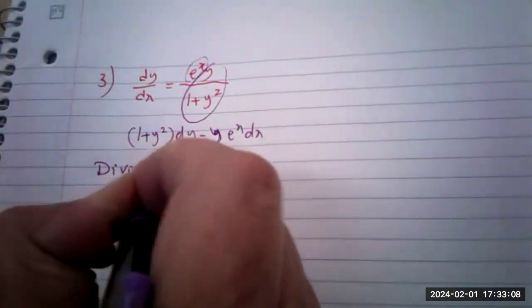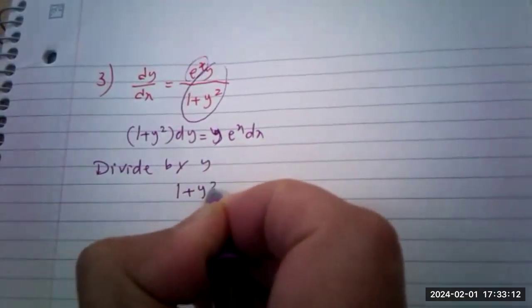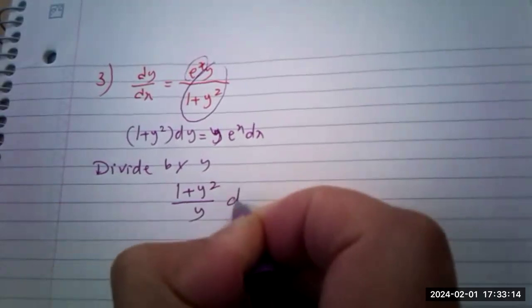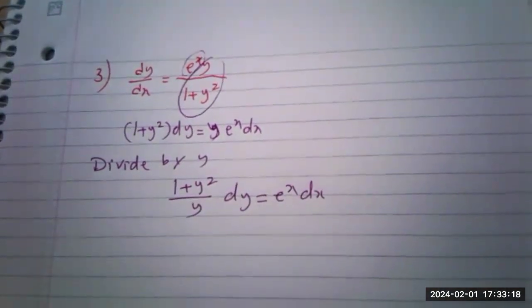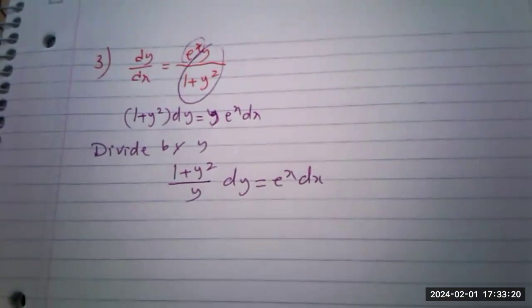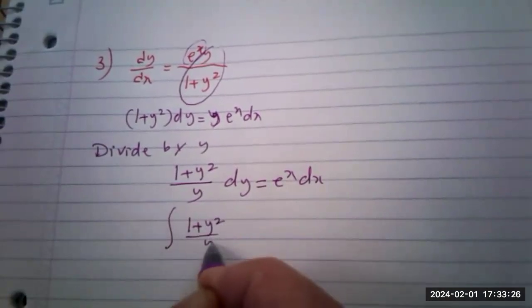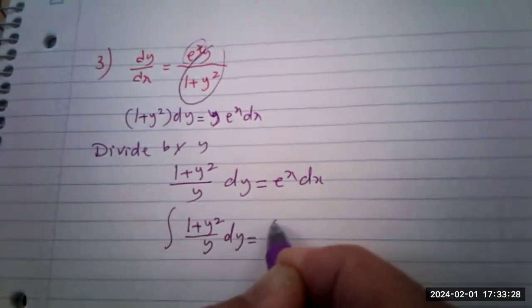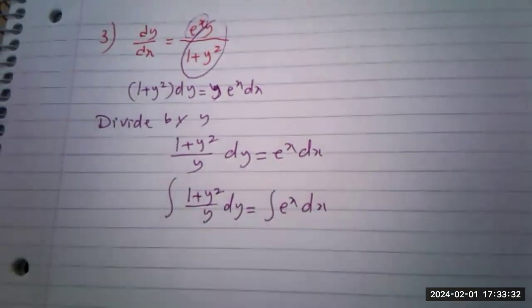That gives 1 plus y squared over y dy, and this is going to be e to the x dx, separable variables. Integrate 1 plus y squared over y dy equal to e to the x dx.